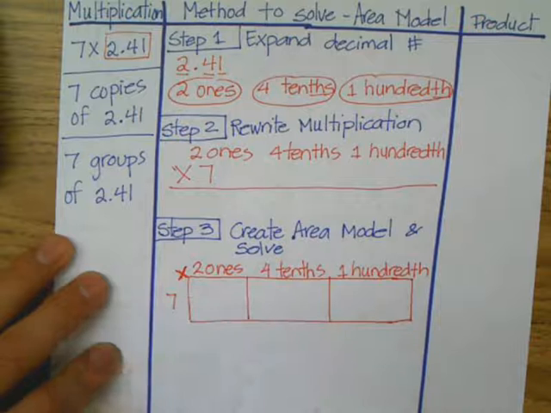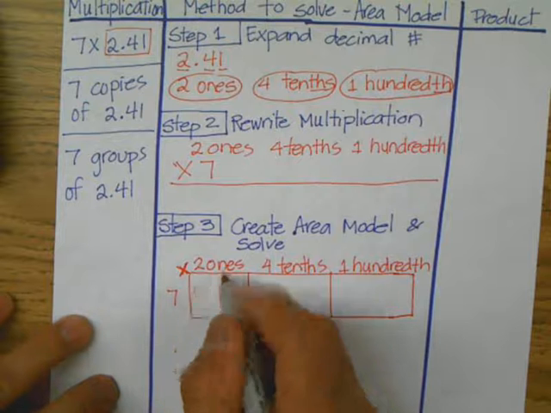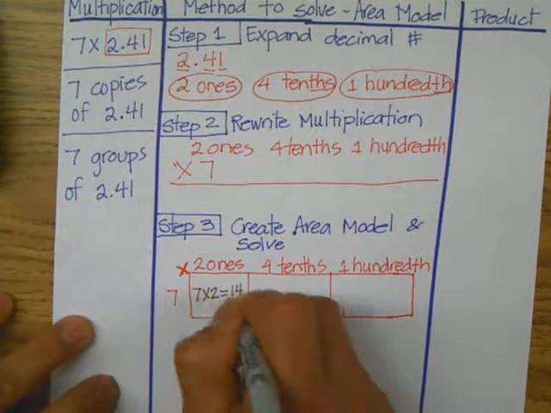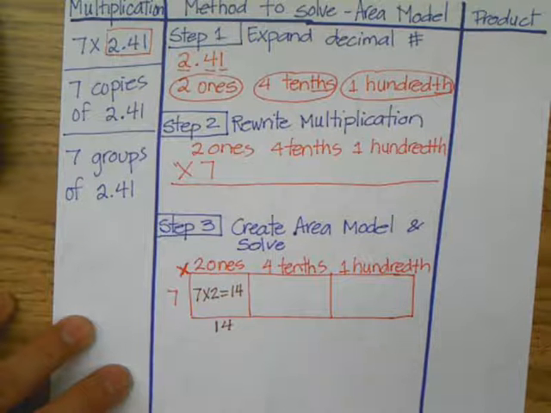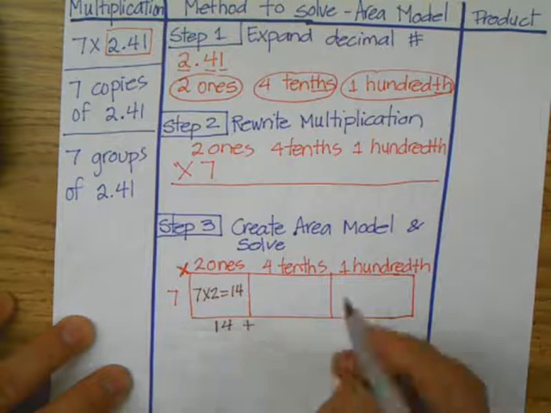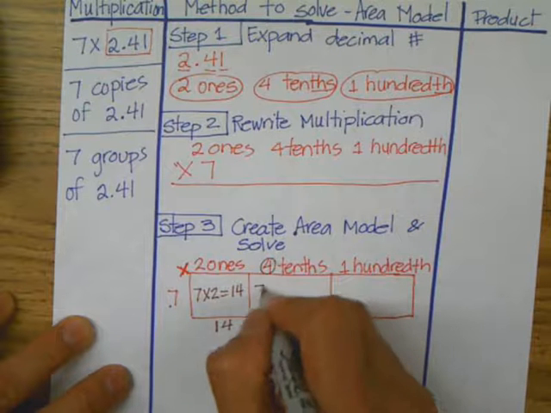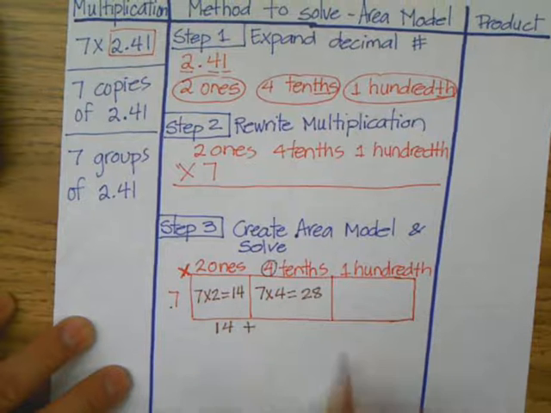Okay, that's very simple, right? Now we'll multiply. 7 times 2 ones equals 14 ones. Guess what? We write 14 right below it. Plus 7 times 4 equals 28. 28 what? 28 tenths.